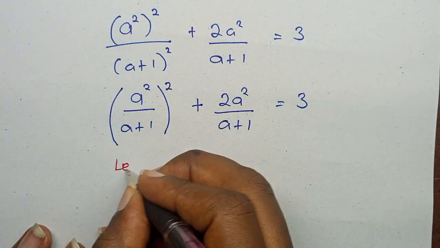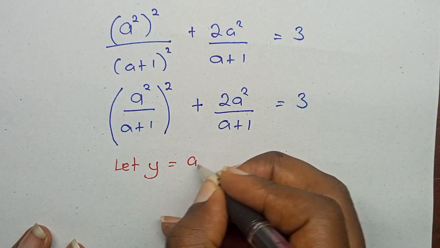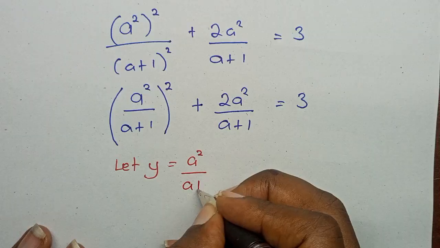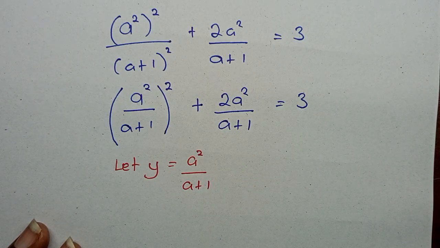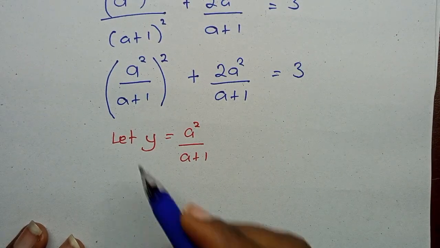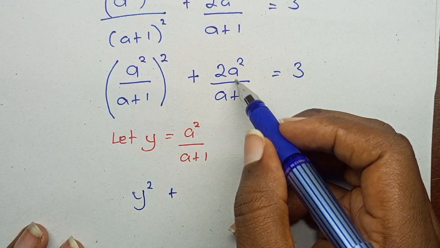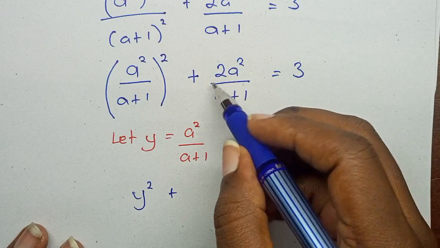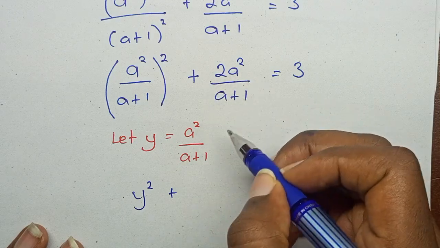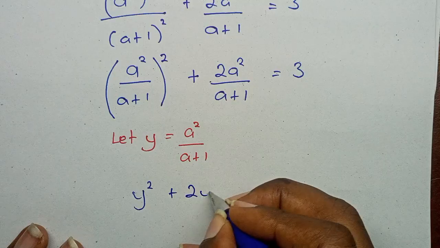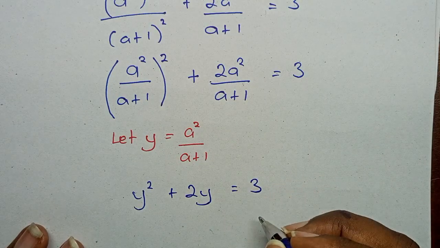Now let y be equal to a squared over a plus 1. So this is y squared plus, also this is the same as 2 times a squared over a plus 1, which becomes y. 2y is equal to 3.